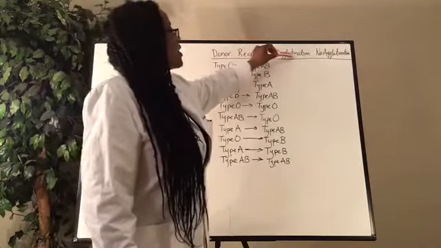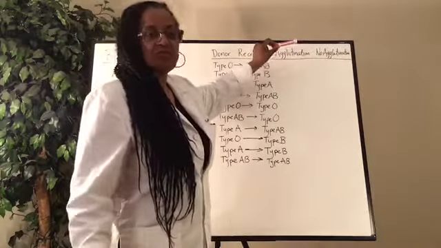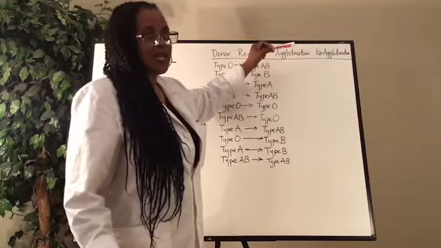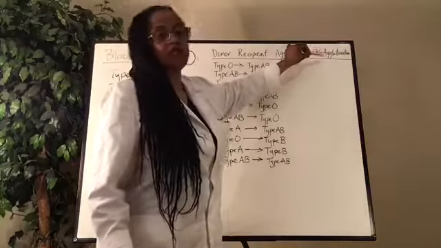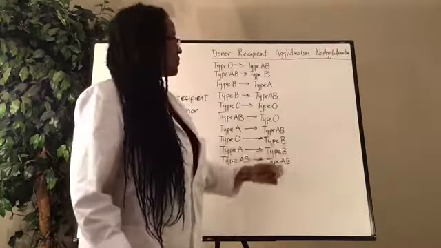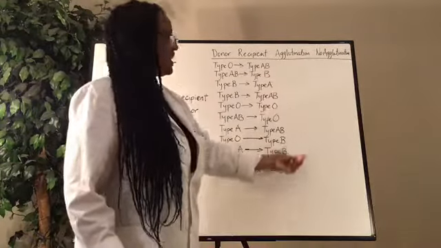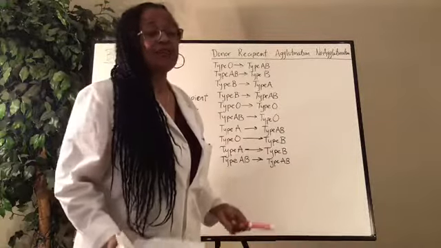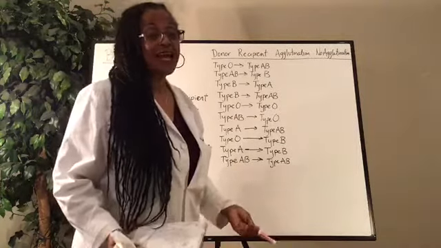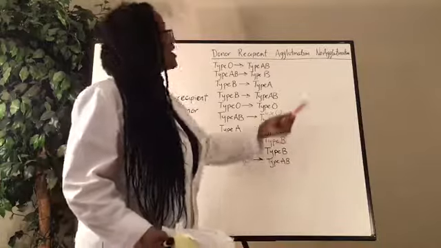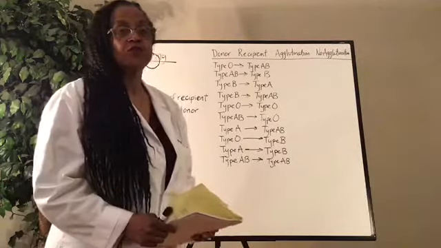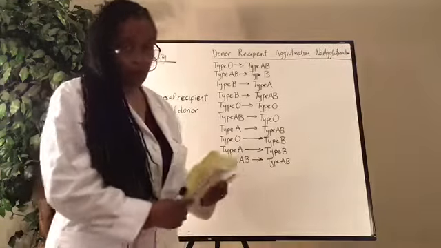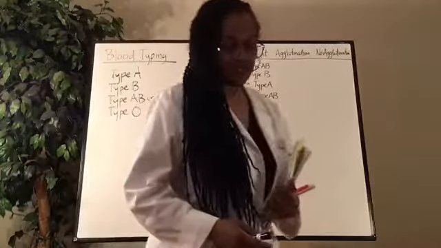Then we have the word agglutination, which is a loose term for clot, and no agglutination, which would mean no clot. If we get clotting in any of these, that is not a good match. You do not want your blood to clot when you're getting transfused, right? If we have no agglutination, then that person can be transfused with no complications.